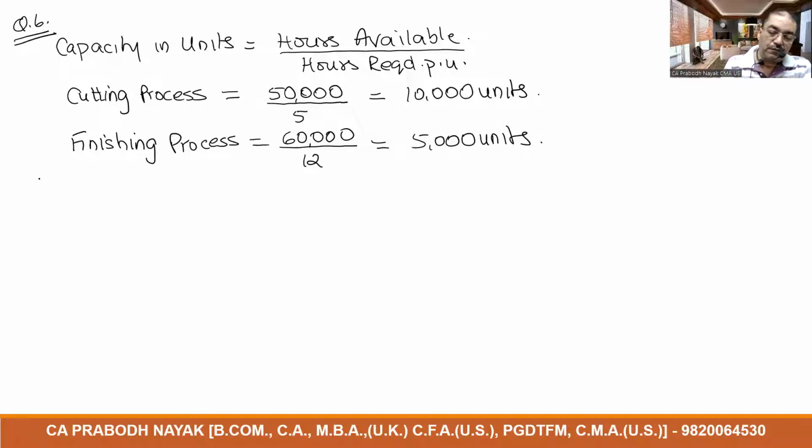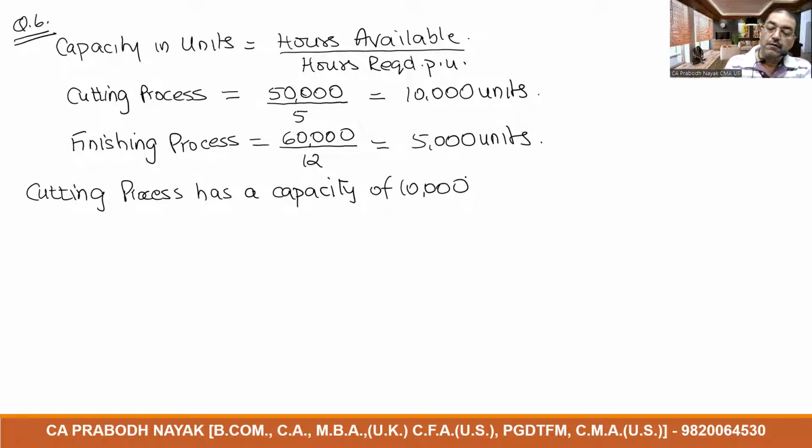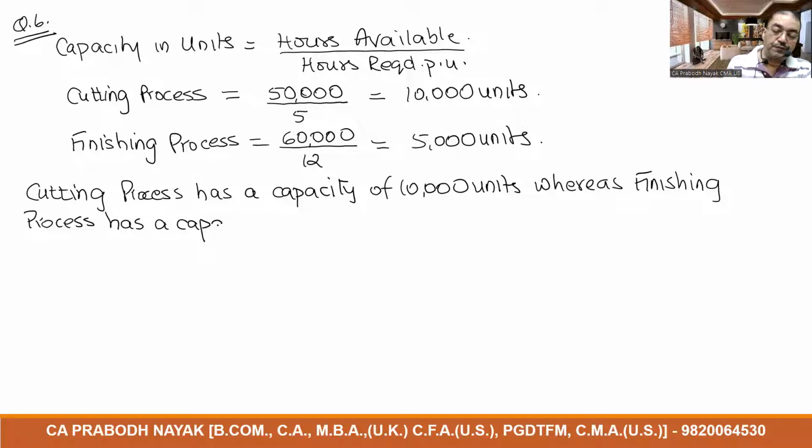So write down: cutting process has a capacity of 10,000 units, whereas finishing process has a capacity of only 5,000 units.